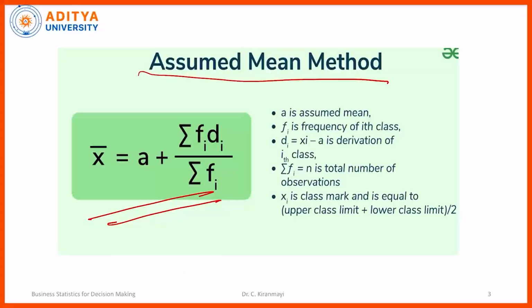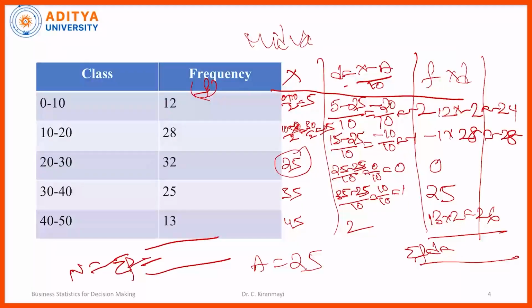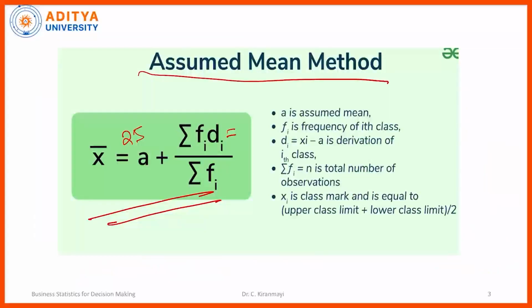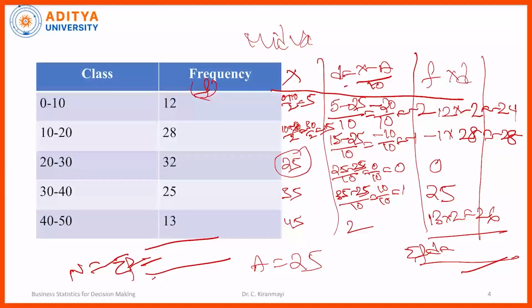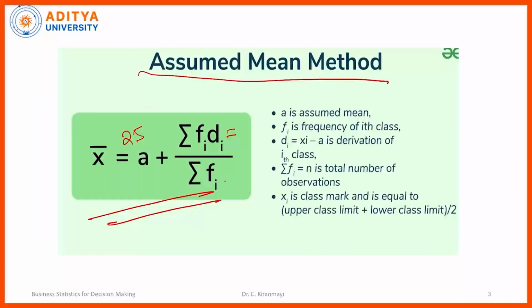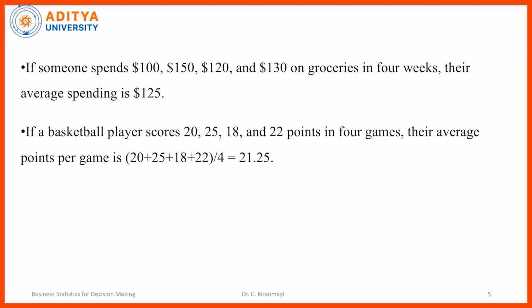We obtain summation FD from the last column, and we have the summation F value, and we substitute all these values in this formula. Then we will obtain the value of mean. This is how we calculate mean in case of grouped distribution.